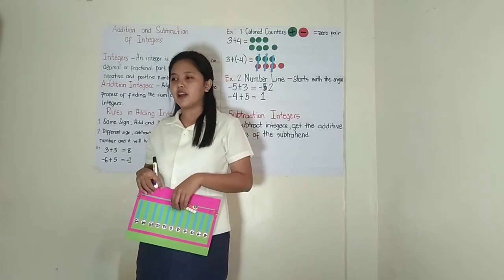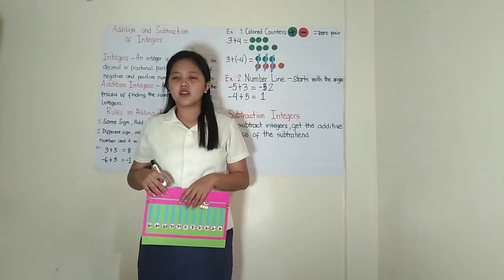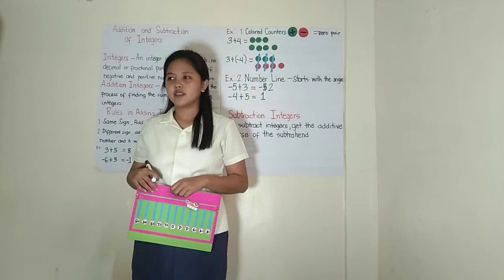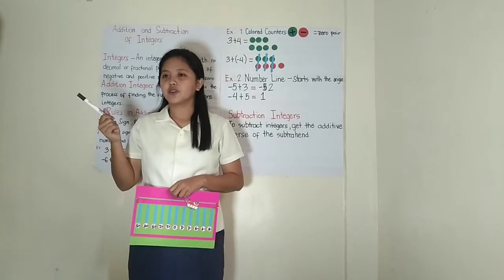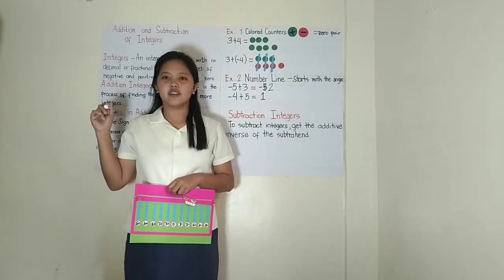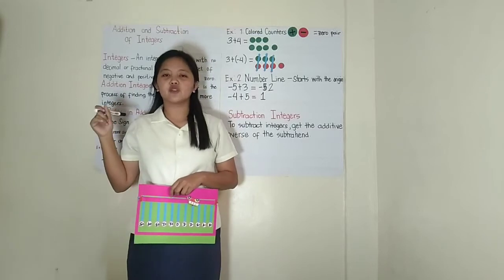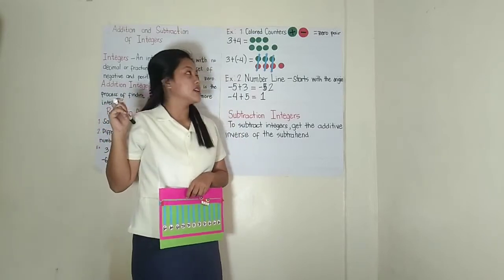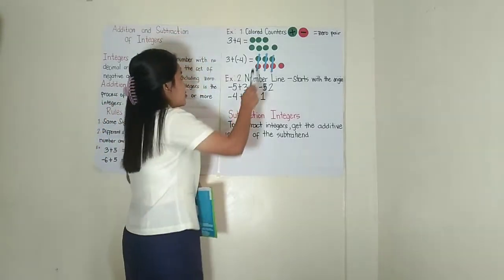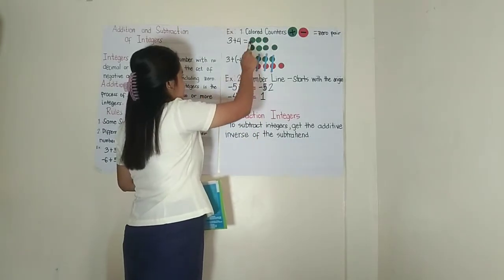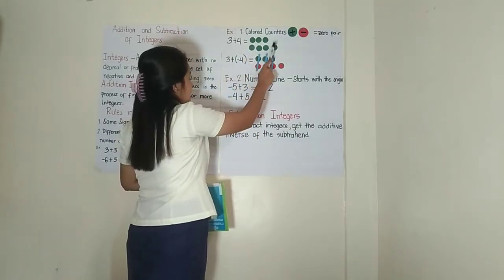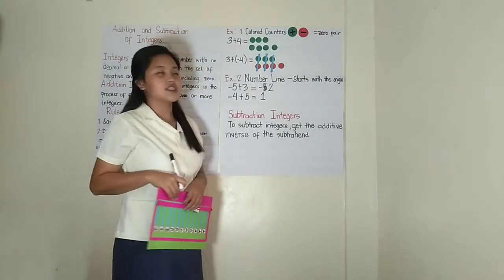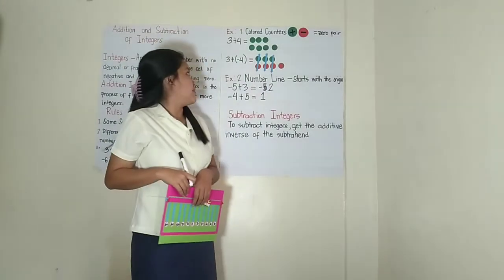So if they are positive number, what color do we need? Rico. Good. That is color green. If the answer is 7, so the color green we need is 7. Let's count. 1, 2, 3, 4, 5, 6, 7. So the answer is positive 7.